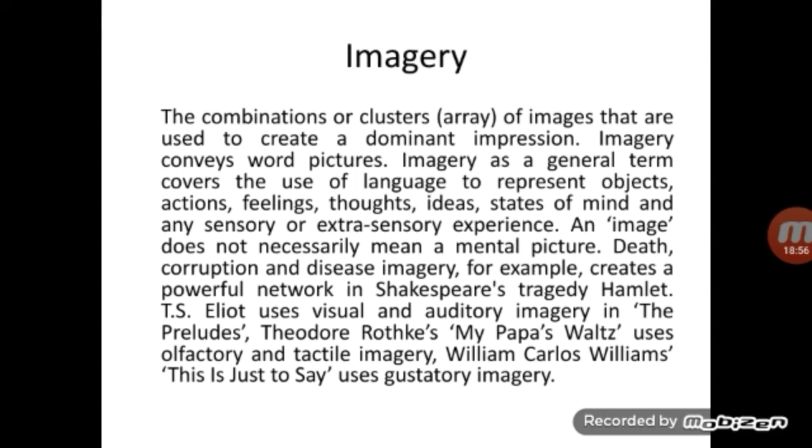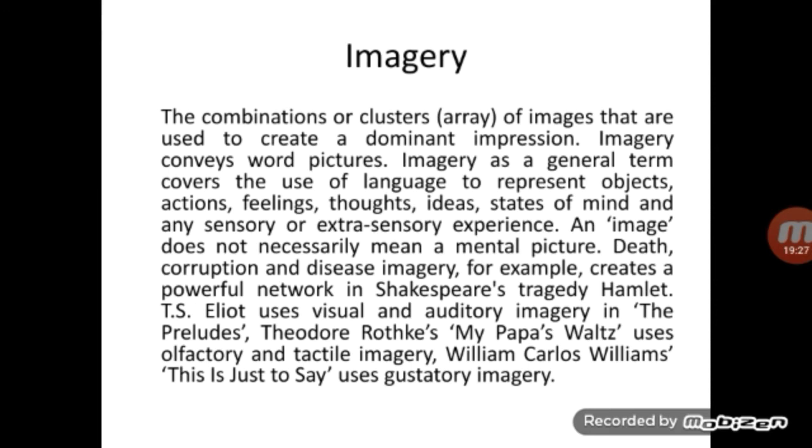T.S. Eliot uses visual and auditory imagery in the Preludes. Theodore Roethke's My Papa's Waltz uses olfactory and tactile imagery. William Carlos Williams's This Is Just to Say uses gustatory imagery. So different creative works by different writers use different imagery.